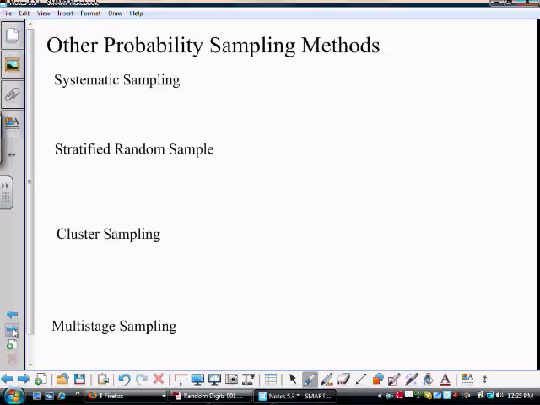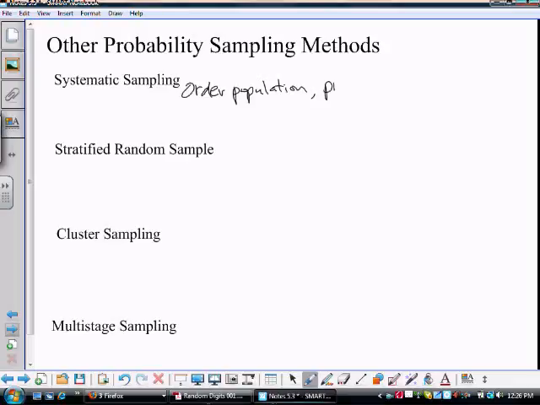Okay. Other ways of sampling that are used. They're called probability sampling because you get chosen by chance, but they're not simple random samples. Okay? Systematic sampling. Systematic sampling is where you order everybody in your population, so alphabetical order or whatever. And then you pick a random number for your starting point in the population.